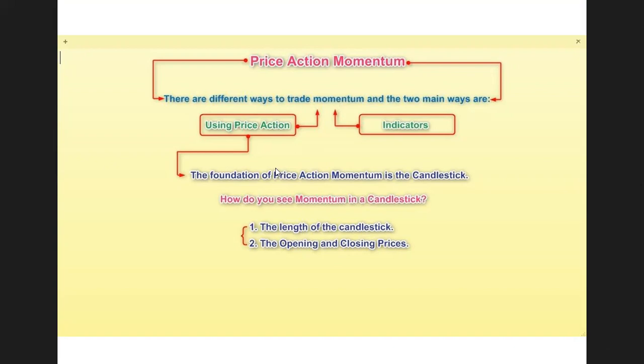So indicators just give data from the candlestick, and using price action, while we are looking at the candles rejecting the price, sometimes they give us a sign about the losing momentum. So now if we are a price action trader, we must know about knowing momentum using price action.